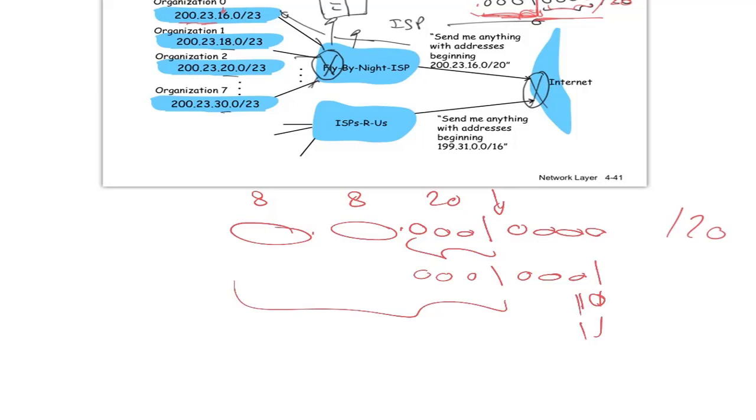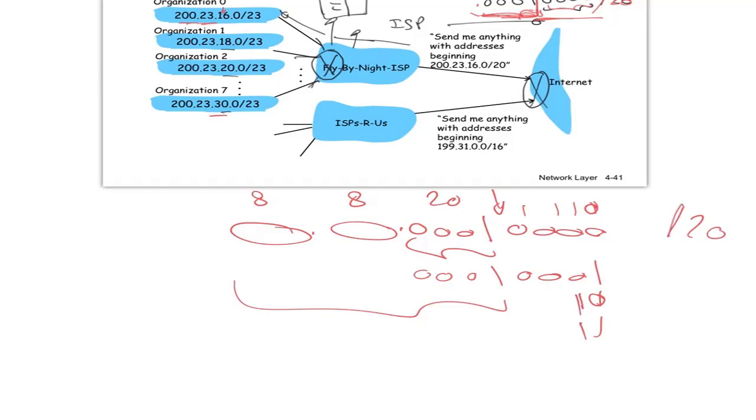In all cases it matches, up until we have all ones. We don't take all ones because all ones is used for broadcast, so we stop just before that. So all of these match the subnet mask /20.